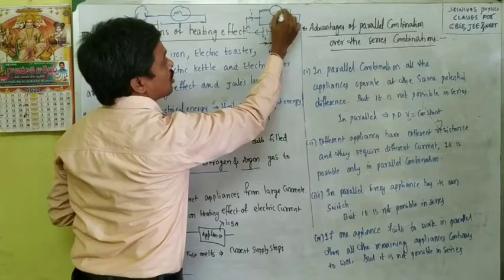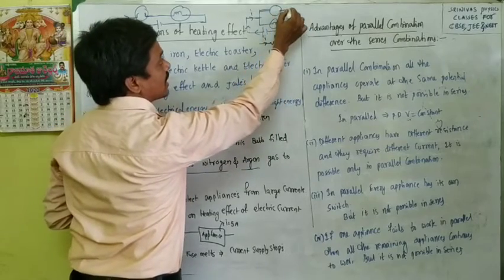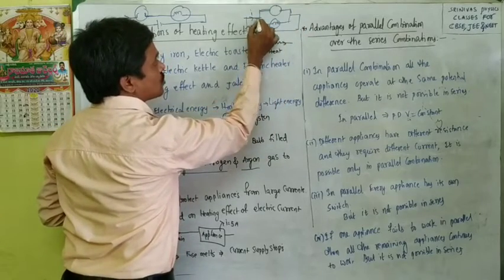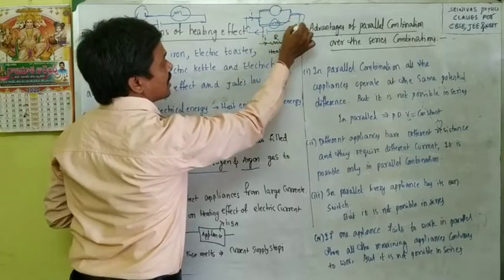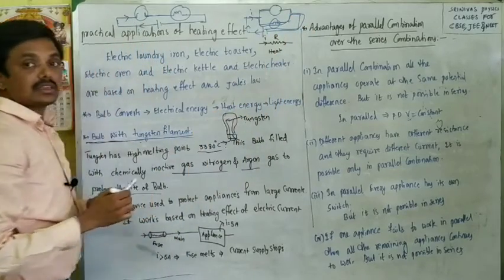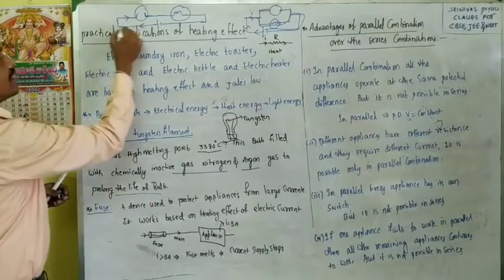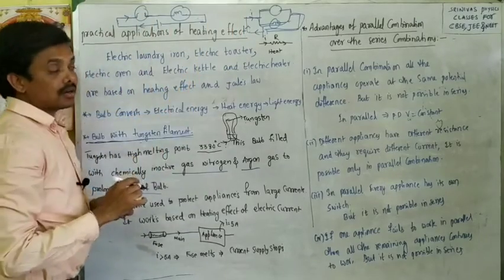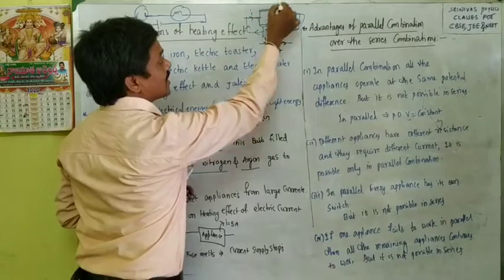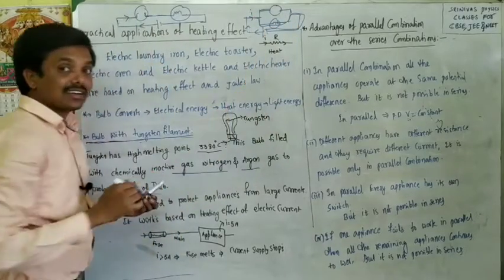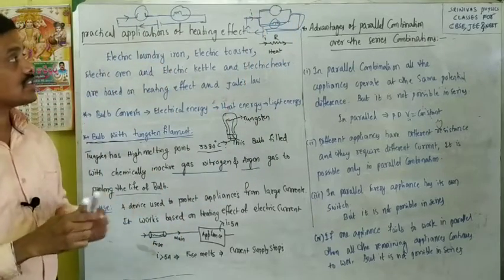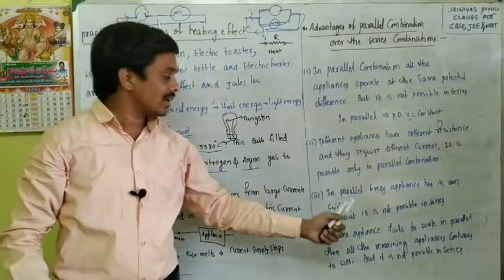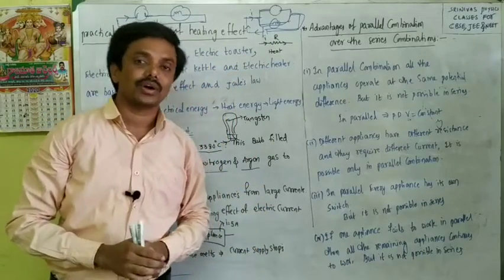Current flows only in a closed circuit. But there is a chance to flow on this side. Here in series there is only one way; if anything is closed, then we cannot go forward. But here there are two ways. If one way fails, then the other way is there. That's why if one appliance fails in the parallel combination, the other appliances continue to work, right?